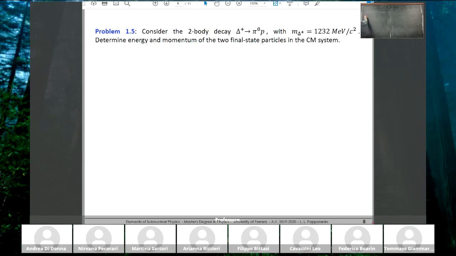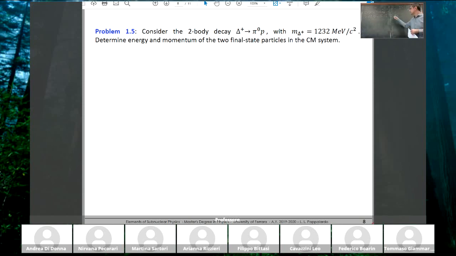In the final state, we have now two particles. So we have E star final, P star final, that we can develop as E star pi0 plus E star proton, and then the momenta, which are P star pi0 plus P star proton.